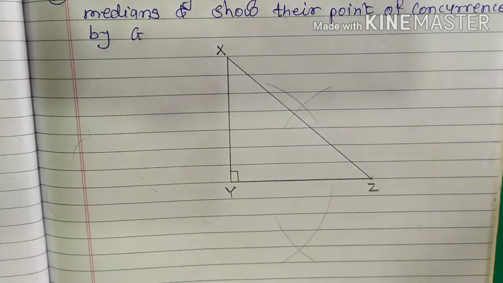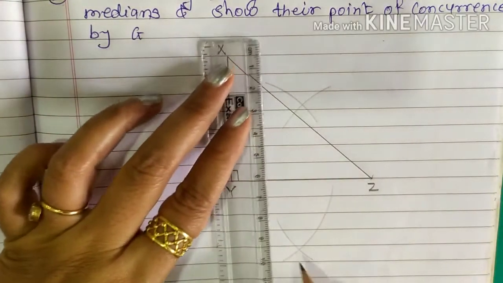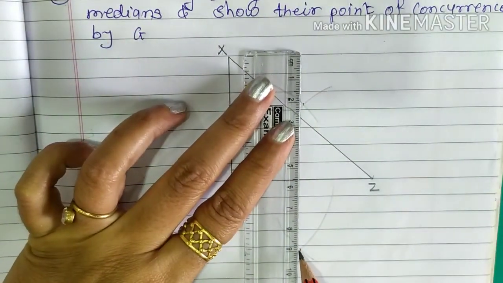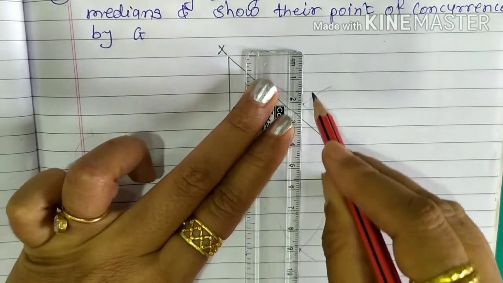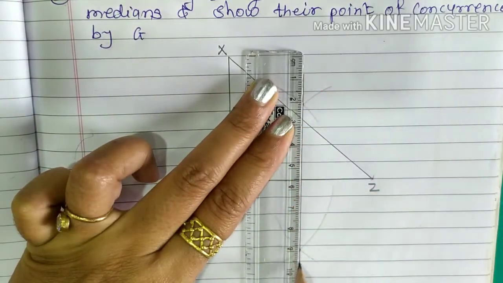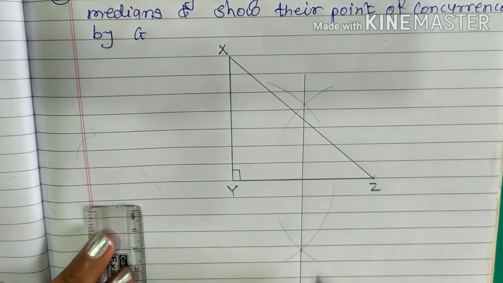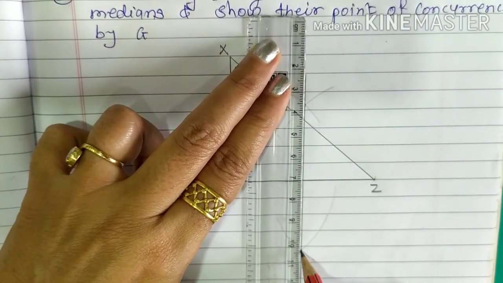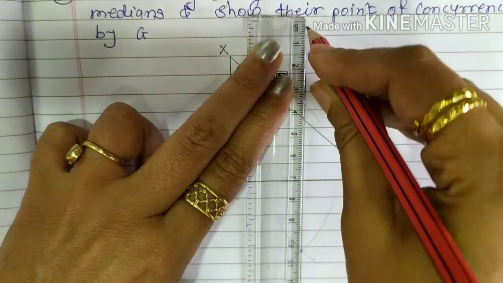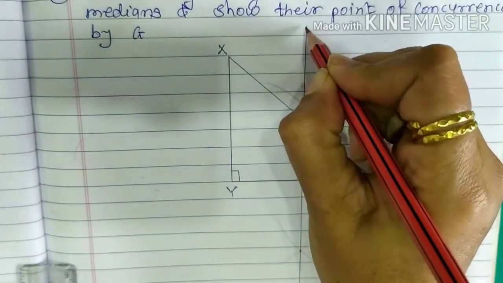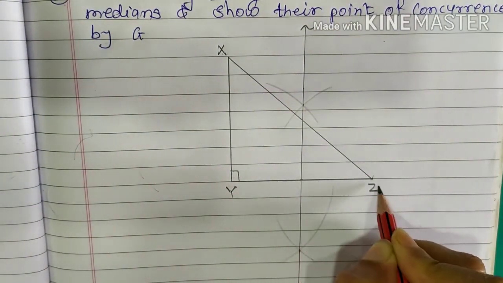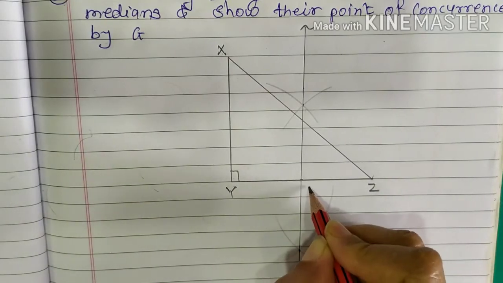Then join these 2 points. Extend the line. Here we get the midpoint of YZ, that is point A.